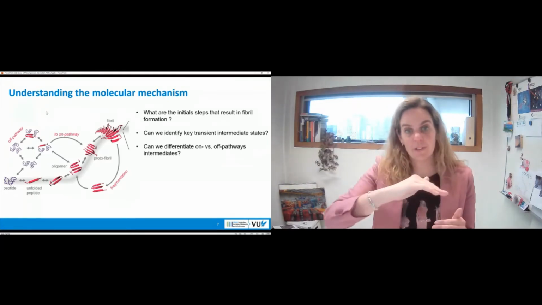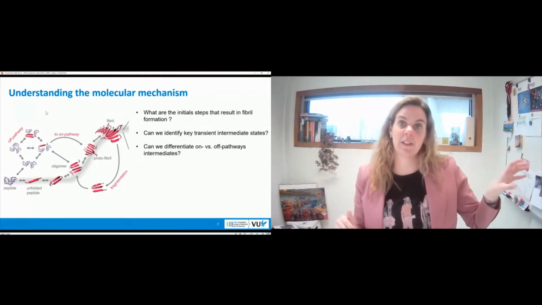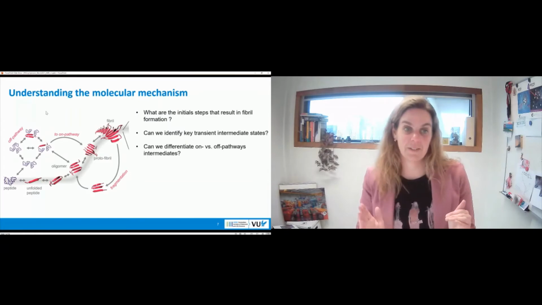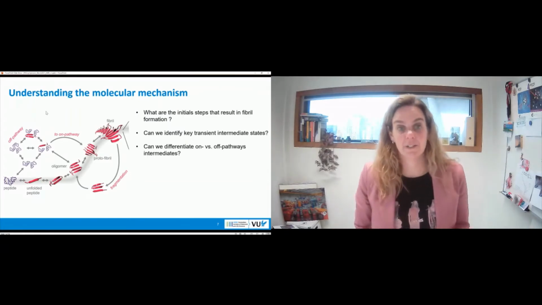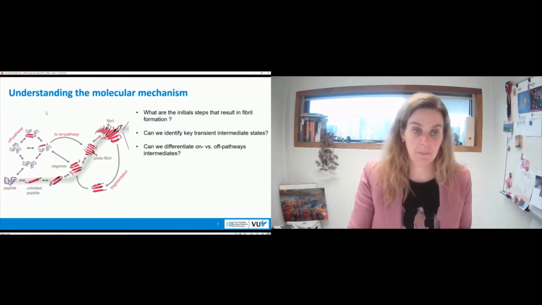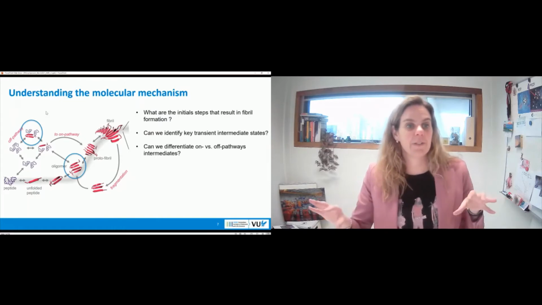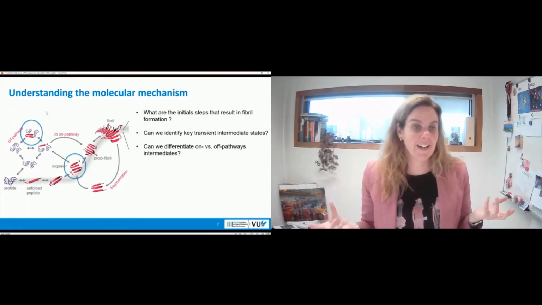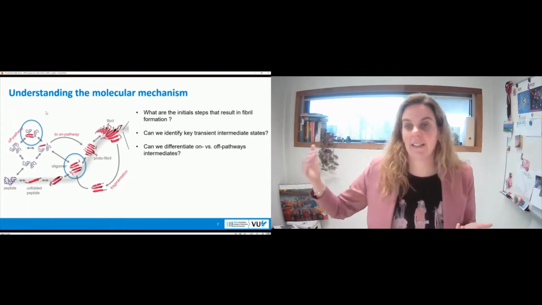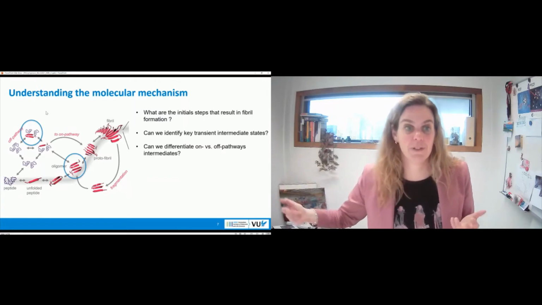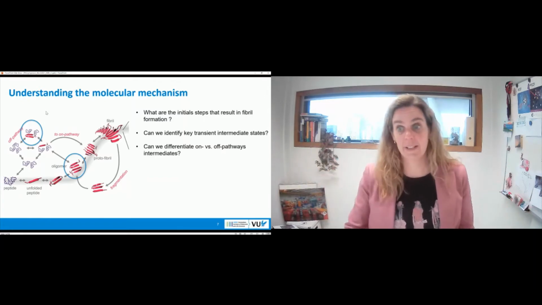And of course, we have this on pathway, but we also want to see what the off pathway components are and whether we can direct the aggregation towards the off pathway, for example. So you want to see the difference between on and off pathway, and why one is stimulating the plaque formation and fibril formation so much and the other one is more safe.